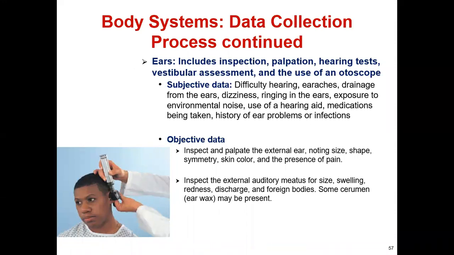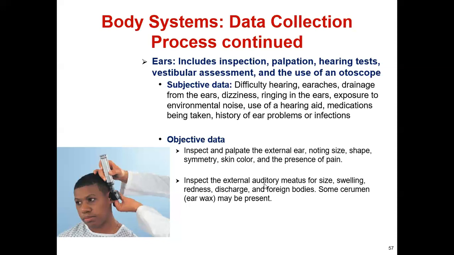After you examine your patient, what we can see is called objective data. Inspect and palpate the external ear, noticing the size, shape, symmetry, skin color, and also presence of pain.